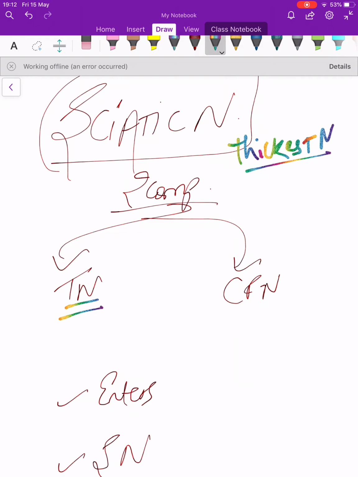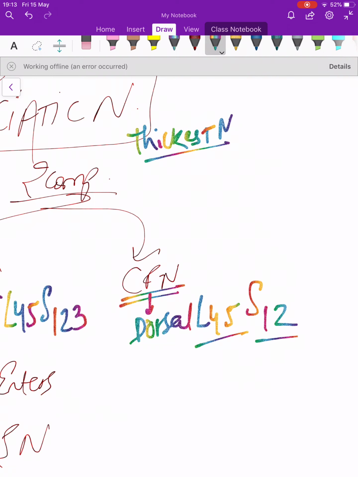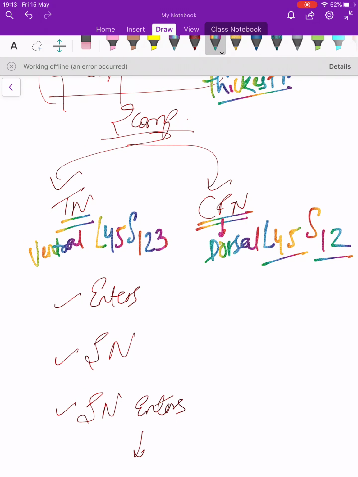The tibial component is the ventral division of L4, L5, S1, S2, S3. Fine. Then the common peroneal nerve is the dorsal division of L4, L5, S1 and S2.